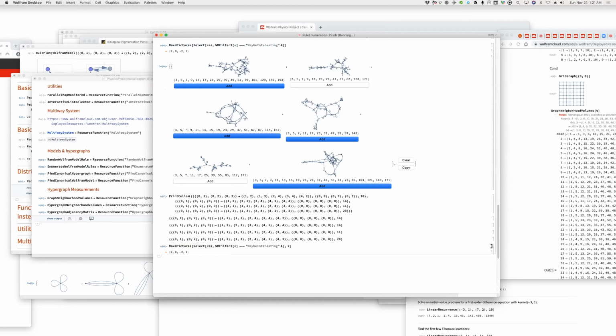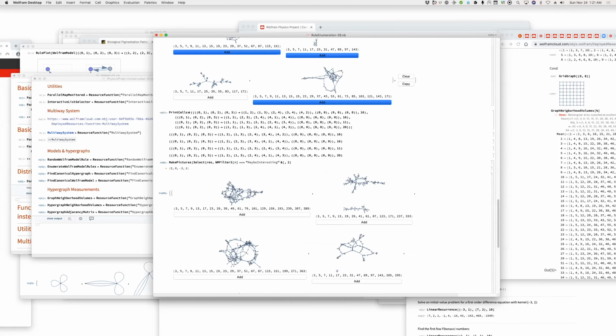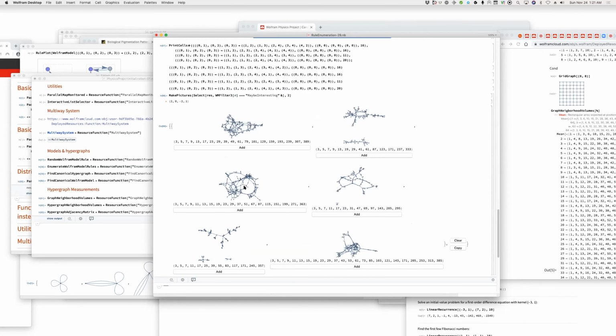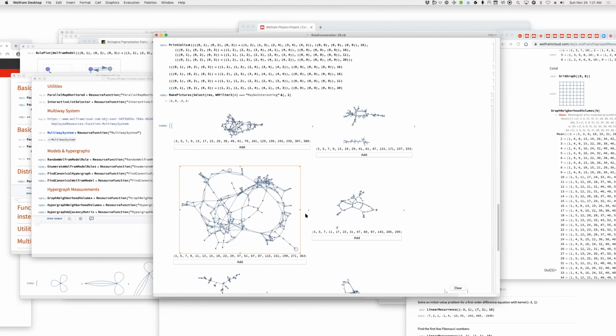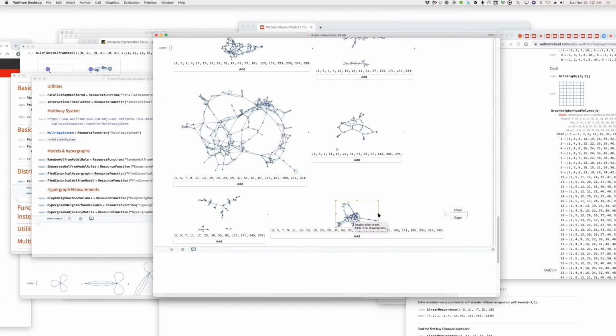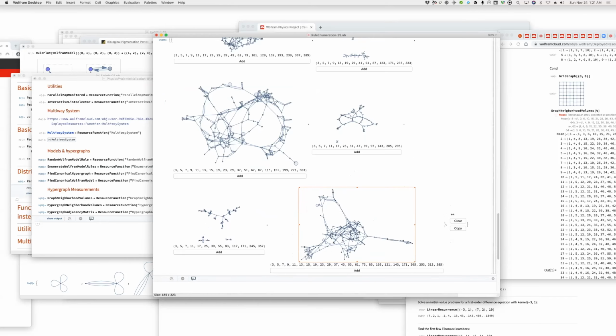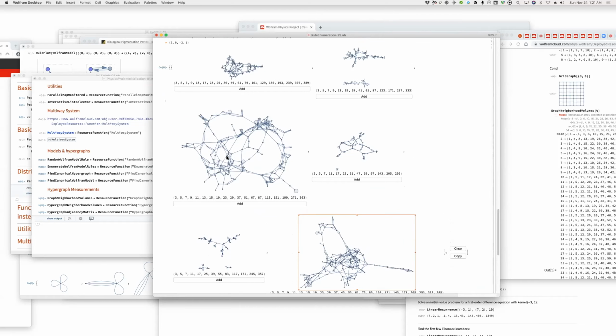The random one is weird. I'm assuming it's actually working properly. It grows much slower. There are some interesting ones here as well.